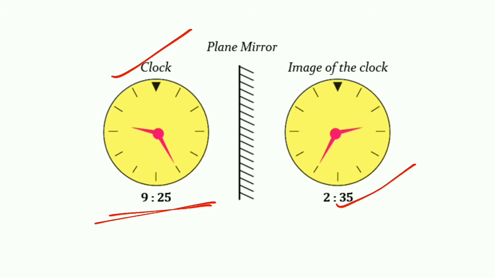You will see the image formed by the plane mirror. So in order to check the image formed by a plane mirror, you can draw any object, anything you take, and just turn the page, so that will be the image formed by the plane mirror. So this idea we need to keep in our mind.